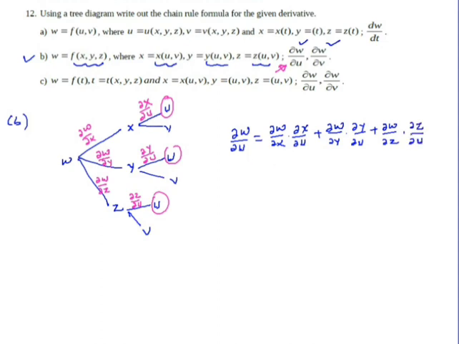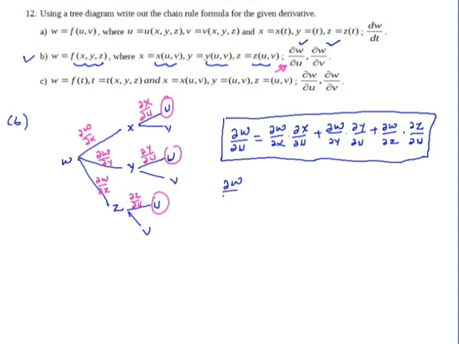So this is the required partial derivative of w with respect to u. Okay, now what about the partial derivative of w with respect to v?